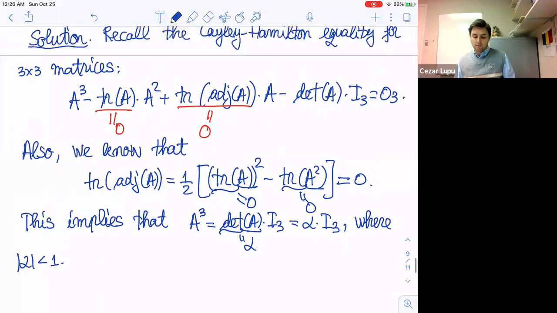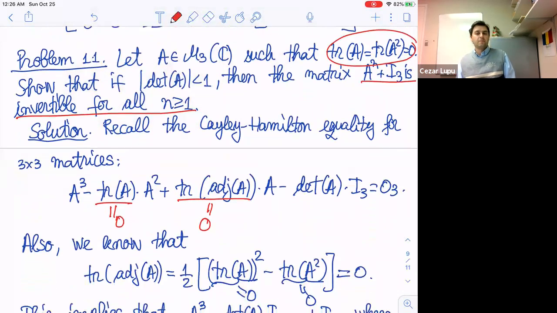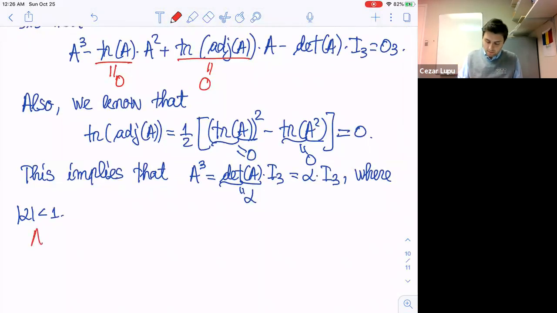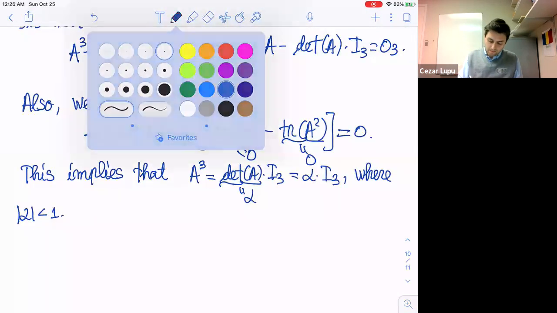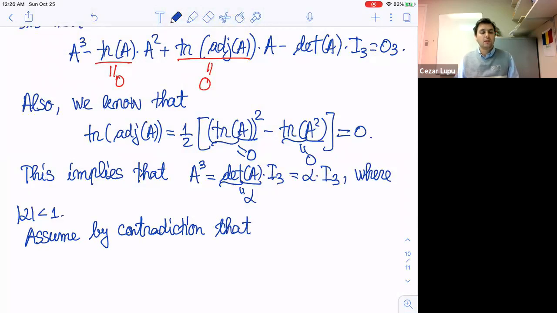But now let's see what we want to prove. Keep in mind that we would like to prove that this matrix A to the power n plus the identity is invertible for all n. Well, let's assume by contradiction that the matrix A to the power n plus the identity is non-invertible.